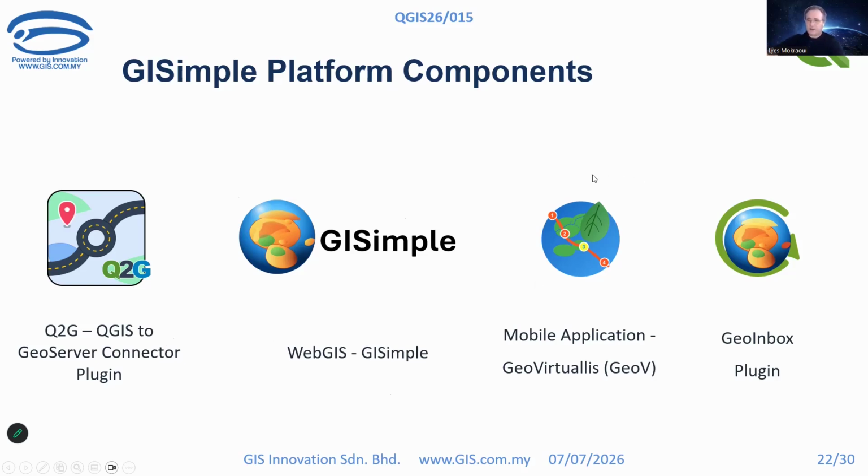From there, the users can download the data in our app, which is GeoVirtualis or GeoV, and then they can send back the edited data into GeoInbox to be able to update or commit the data into the database. But for now, what we want to show is just how to bring the web services into QGIS.